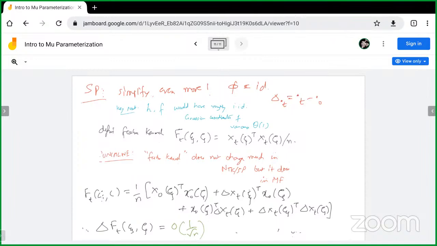Whereas for mean field, this would change, because there delta looks like order 1. So this is the case for NTK, and order 1 for mean field.